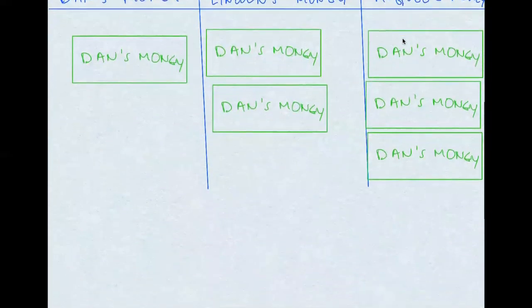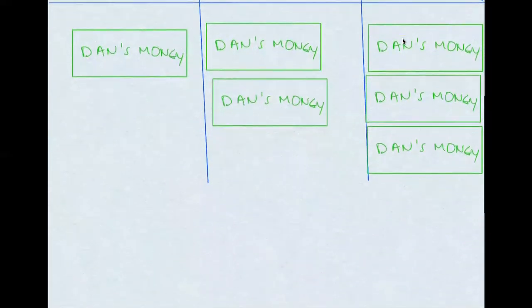This is where the ability to use the algebraic representation is actually going to come into play. So we know that we have 6 of Dan's money is $46.80.